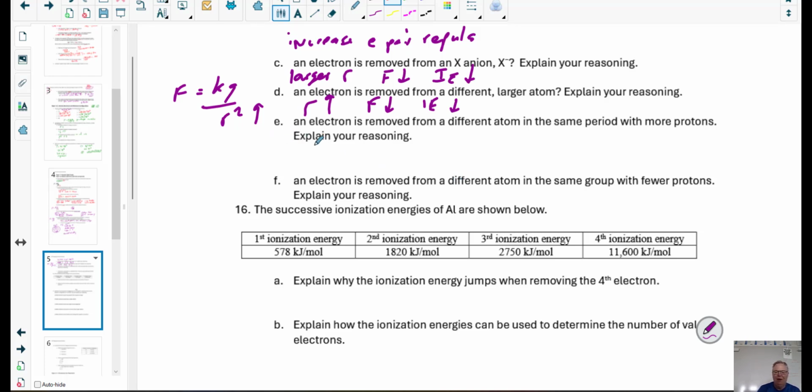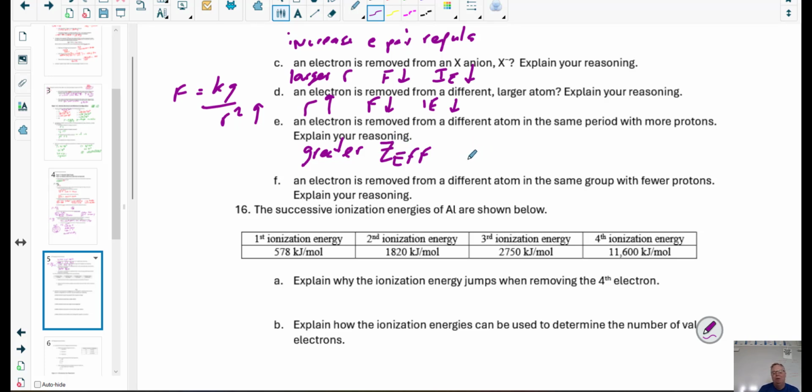Now here, if we're in the same period, meaning we're going across left to right, we add more protons. So what happens when we add more protons? We get a greater effective nuclear charge. And instead of writing effective nuclear charge, a lot of times we abbreviate it with Z, so we'll say greater Z effective, which means greater effective nuclear charge.